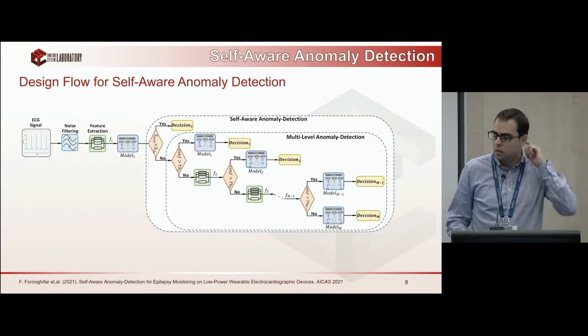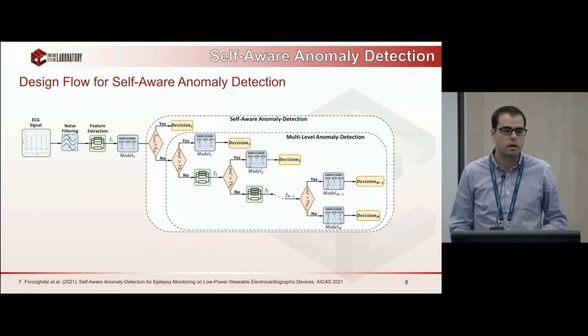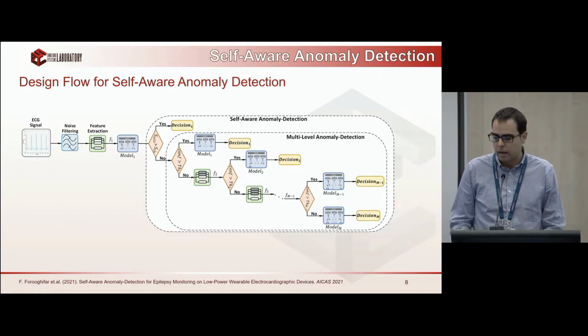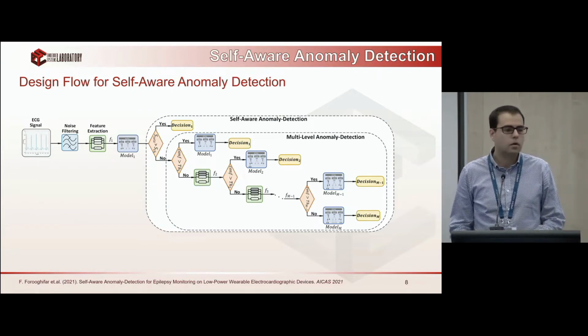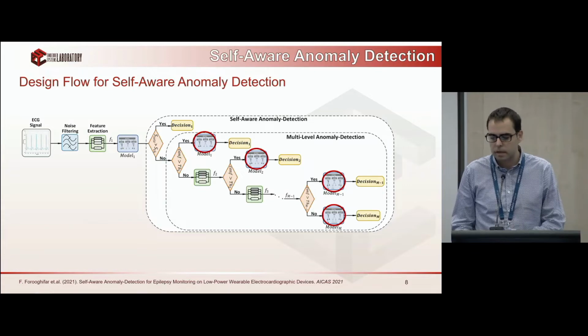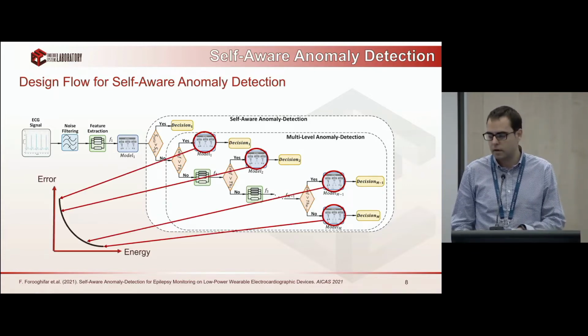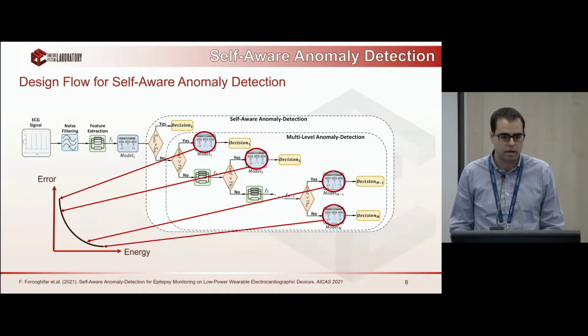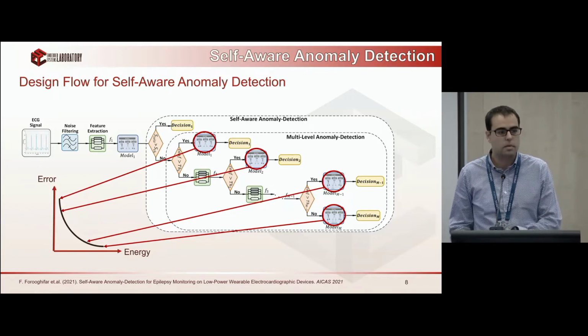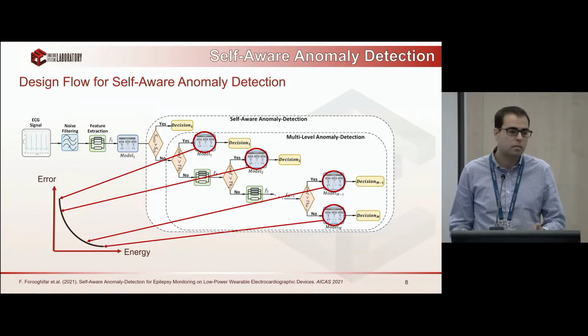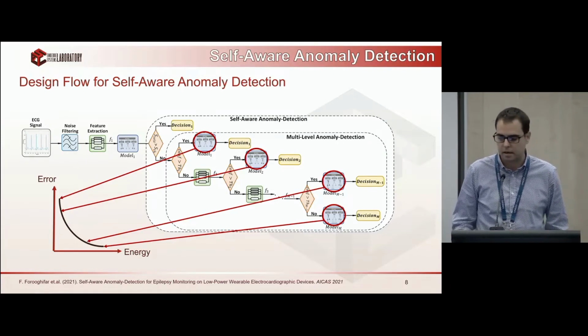Here we can see the workflow of our self-aware seizure detection system. This one is based exclusively on ECG signal. What we have is different models, and each of these models has a different complexity, and at the same time a different energy footprint. More complex models have lower errors, but also consume more energy, and simpler models have a slightly higher error, but consume less energy.